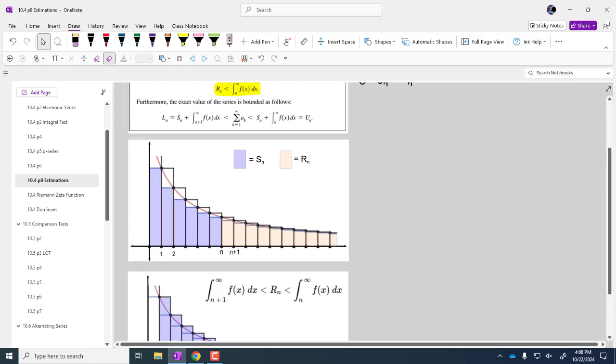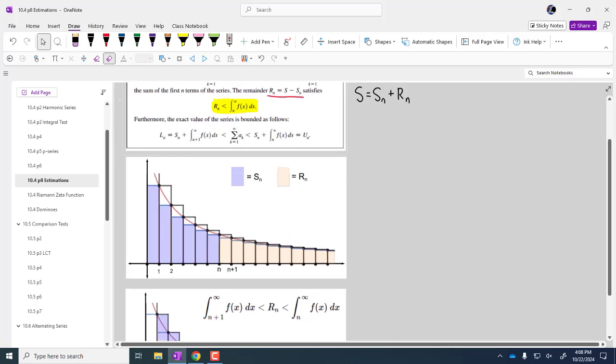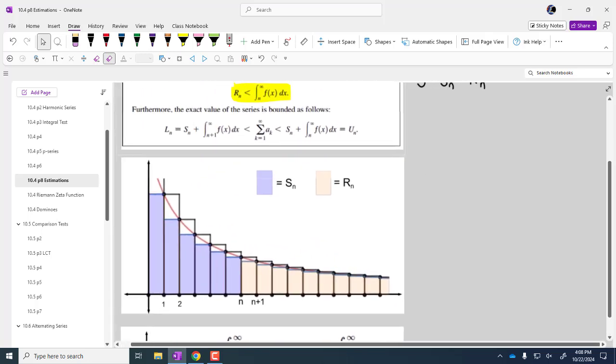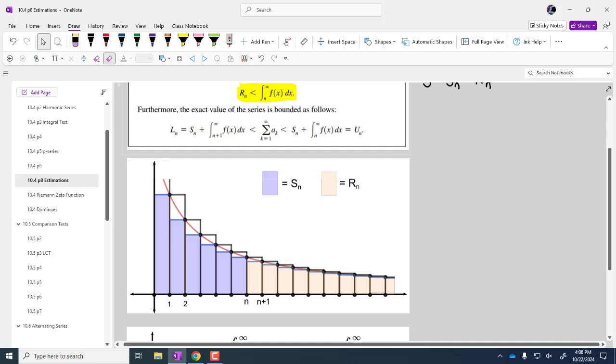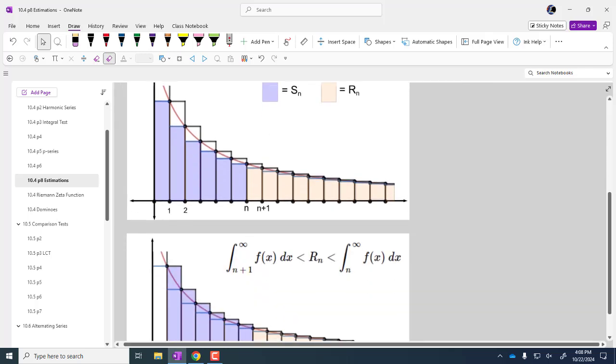So now let's come back up here. When you look right here, there's the sum of our series, it's going to be S sub n. This is going to be an overestimate here. The integral from n to infinity is bigger than the remainder.